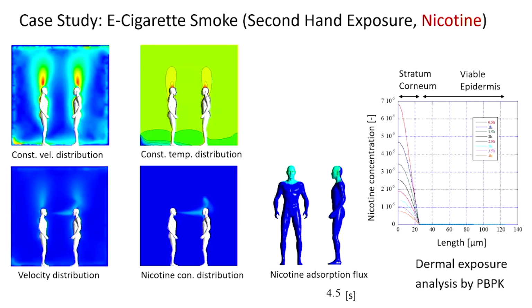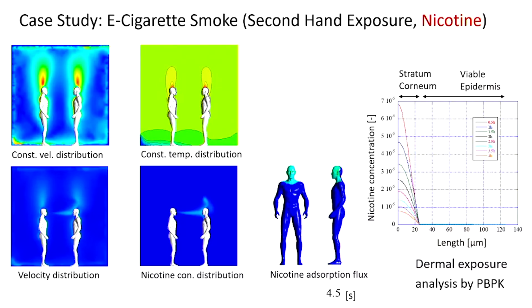And this is also the second-hand exposure analysis. In this analysis, we focused on nicotine dispersion. Here is the smoker, and here is the passive smoker. By using the PBPK analysis of dermal exposure, we can analyze the nicotine intrusion by way of the skin surface.